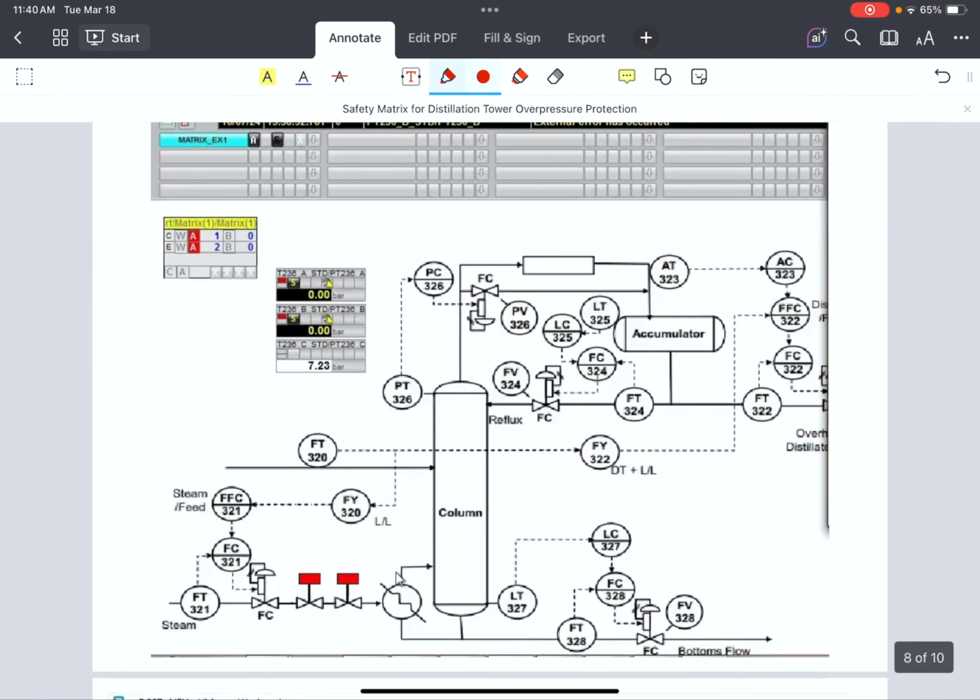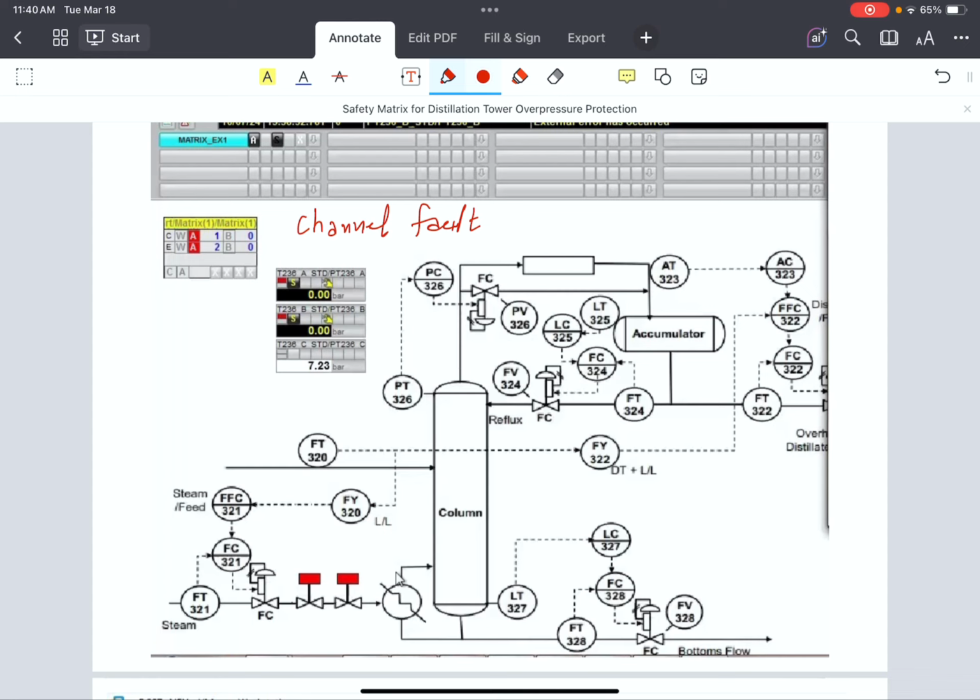The other rare case that may happen is when we have a channel fault, when we have 2 out of 3 channel faults.